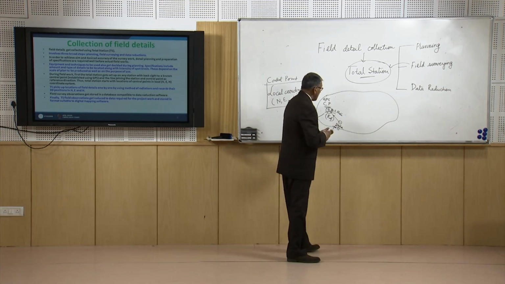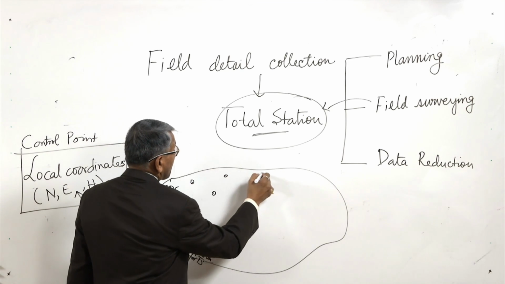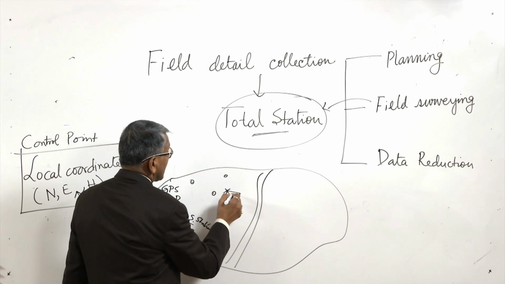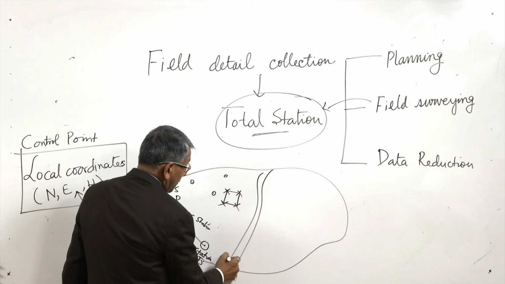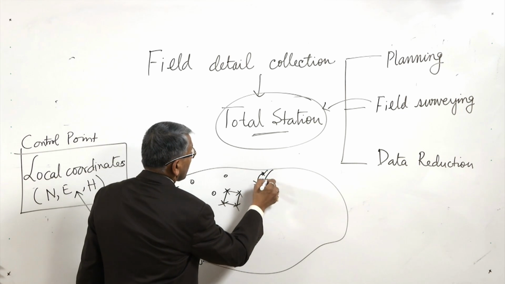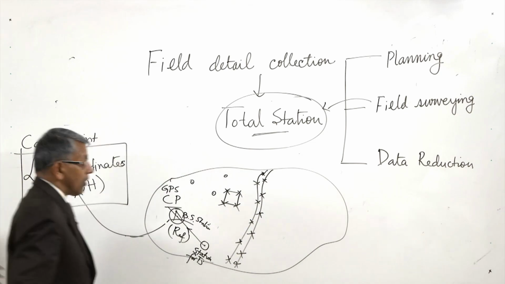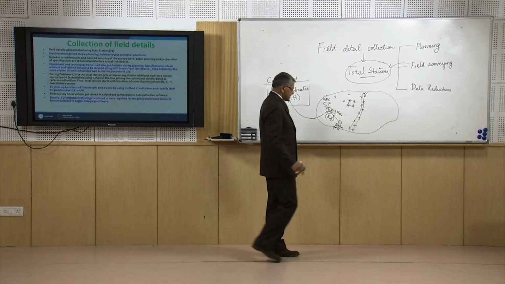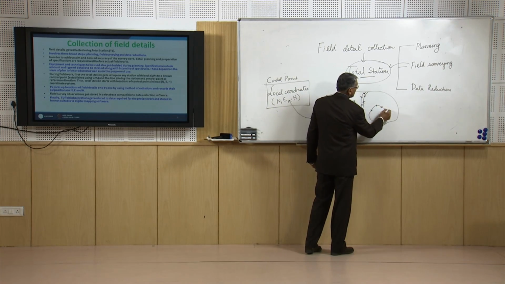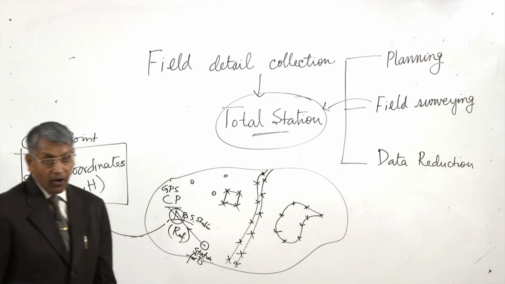For the location of these points, suppose there is a road, there is a building, we would like to get the corners of this building, we would like to get the salient points on this road. Maybe there is some river, some water bodies like this, then we will like to get these points.